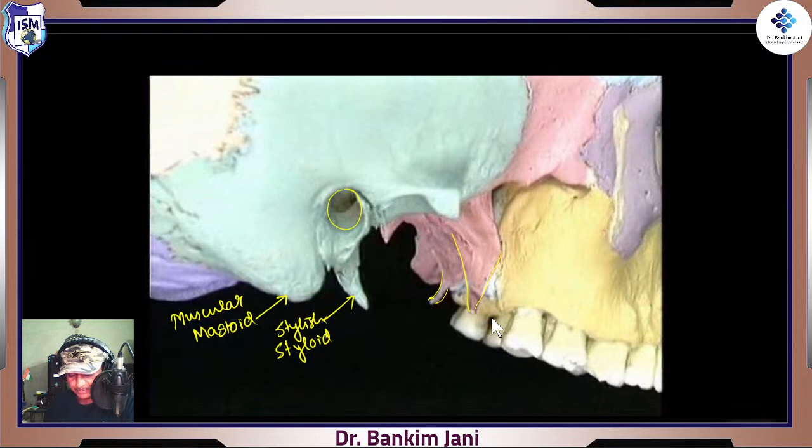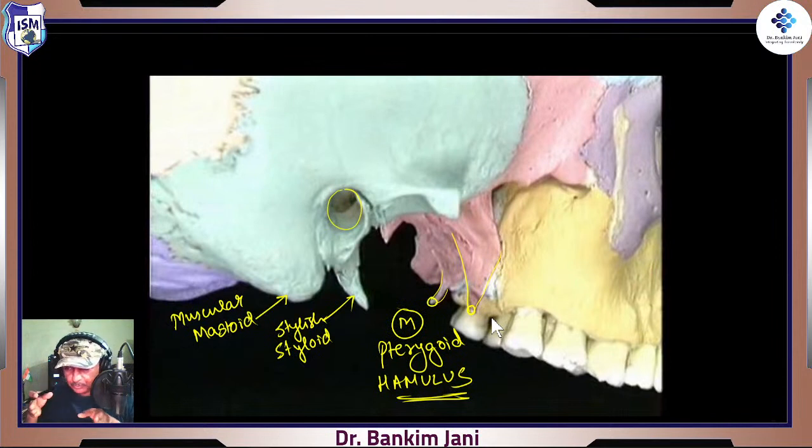These are medial pterygoid process, and these hook-like structures are called the pterygoid hamulus, right? Hamulus, hamulus. And they are on the medial pterygoid plate. So medial pterygoid plate, they are having that hook-like structure like this.